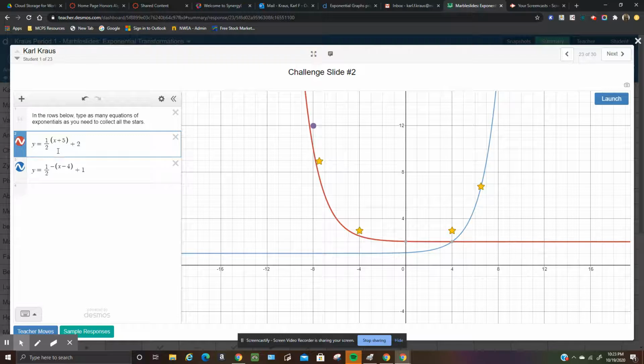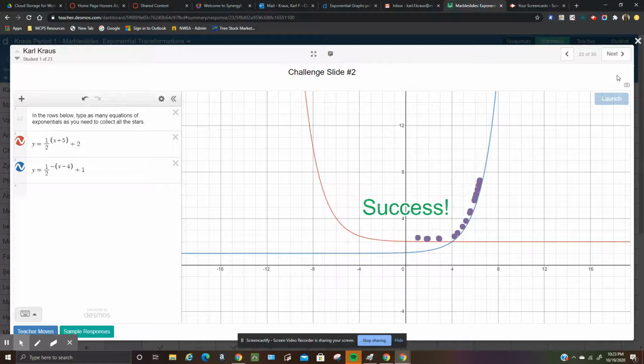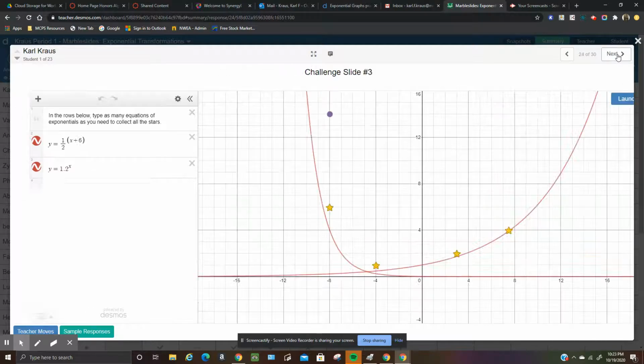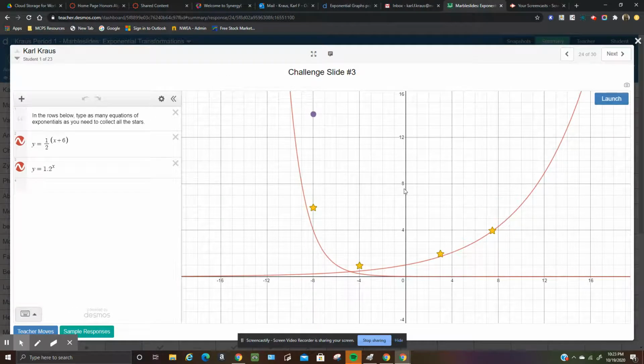These two graphs are reflected of each other. So I use the reflected graph there. And then slide 24, use the same kind of idea, a decay and then a growth hooked together. So it makes a U shape.